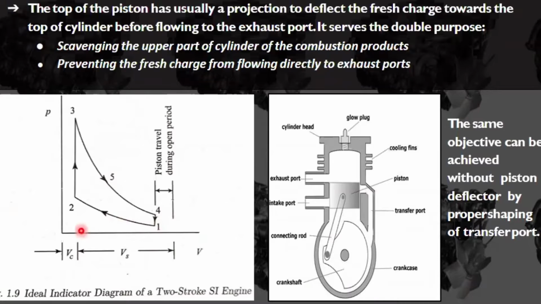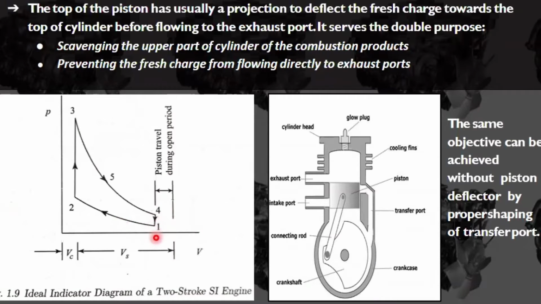Within the cylinder there should be some atmospheric pressure and temperature. So in the process 4 to 1, whatever the residual gases are there, all these leave from the exhaust port, and the fresh charge is going to be accommodated here. That's why the pressure and temperature attain the atmospheric conditions. So that's the process 4 to 1.